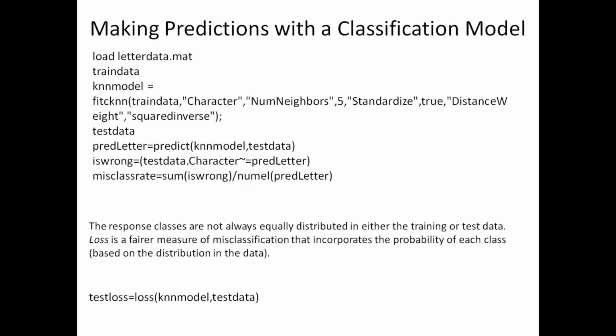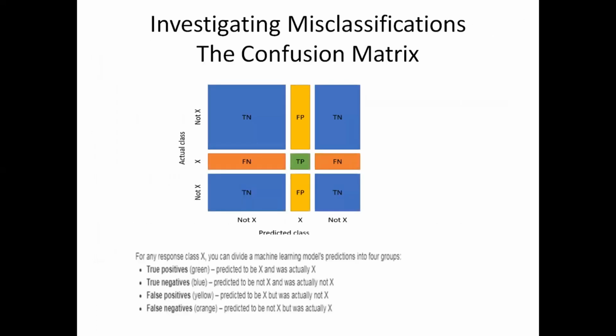Of course, it also gives us an idea about the misclassification, but it incorporates the probability of each class. So to calculate the loss, we use the MATLAB function loss with the inputs KNN model and test data. So when you run this code, you will be able to see the misclassification rate and the loss of the model.